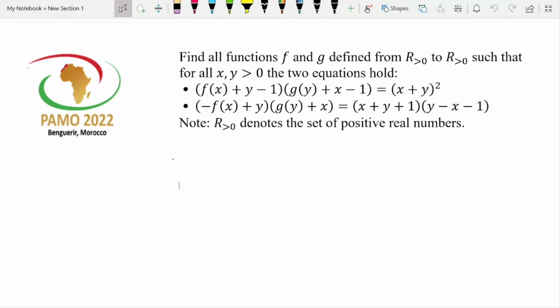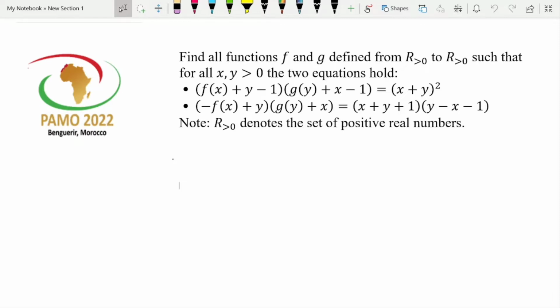So today we're solving this problem. It says: find all functions f and g defined from the set of reals to the set of reals such that for all x, y greater than 0, the two equations hold. The first one says f(x + y - 1) times g(y + x - 1) equals (x + y) all squared.